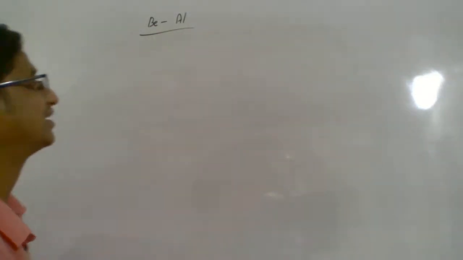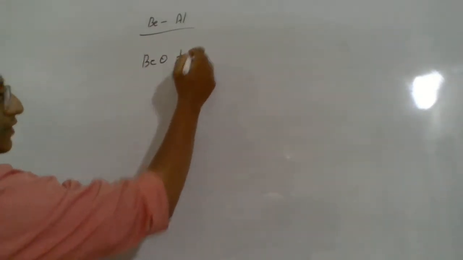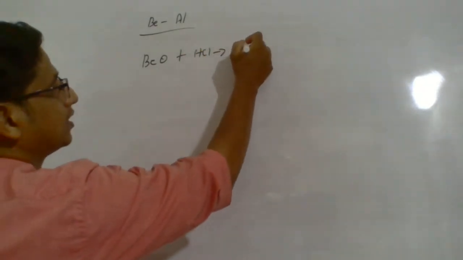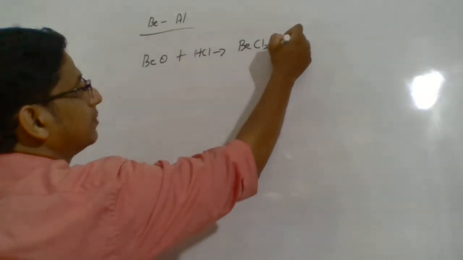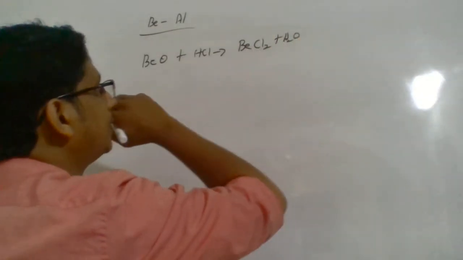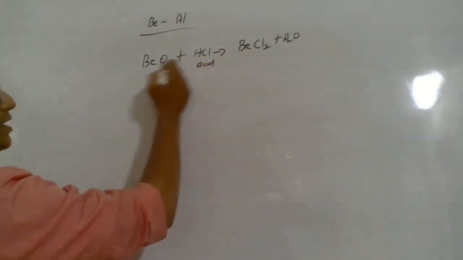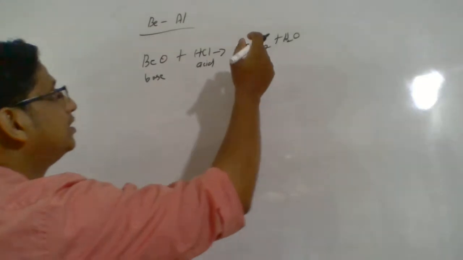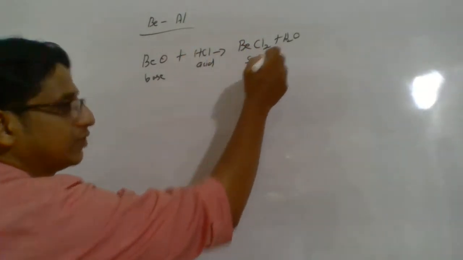So let us write their reactions. First, beryllium oxide reacts with HCl to form the corresponding chloride, beryllium chloride, and water. HCl is an acid, so beryllium oxide is a base here. This is an acid-base neutralization reaction, and this is the salt.